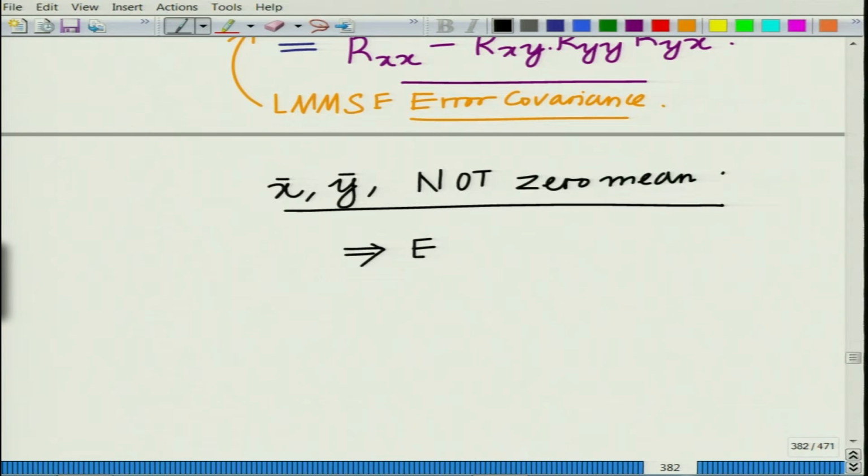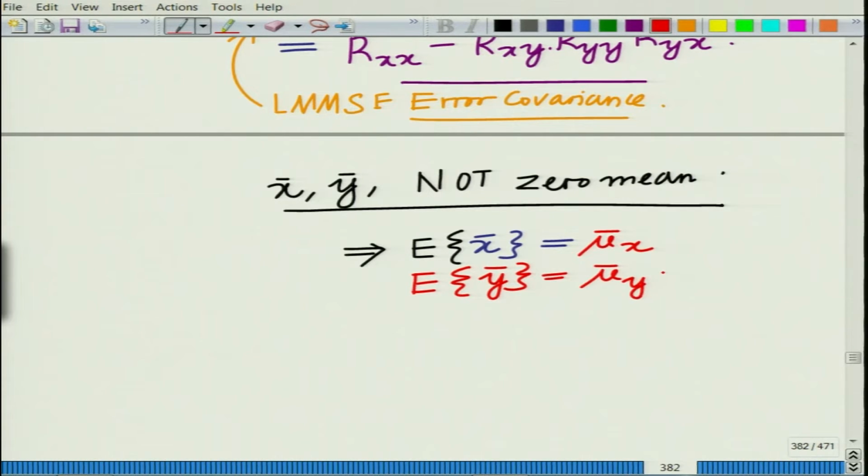This implies that the expected value of x bar equals mu bar x, which is not necessarily 0, and the expected value of y bar equals mu bar y, not necessarily 0.